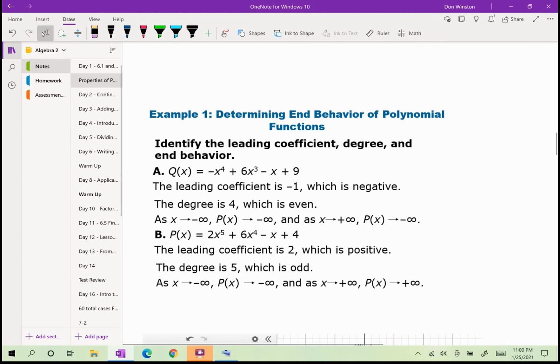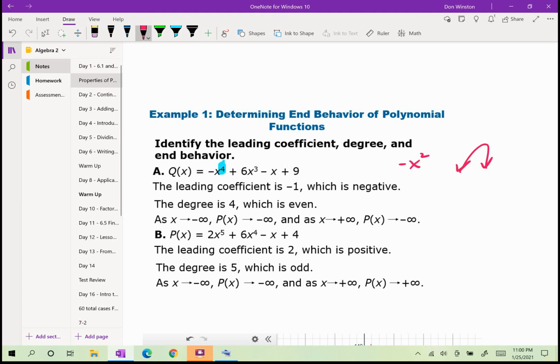So for example, if I have negative x to the fourth plus 6x cubed minus x plus 9, it's even degree. The ends are going to go in the same direction. It has a negative leading coefficient. All you have to do is think negative x squared, which looks like that.